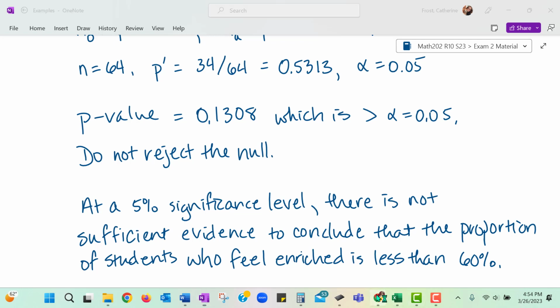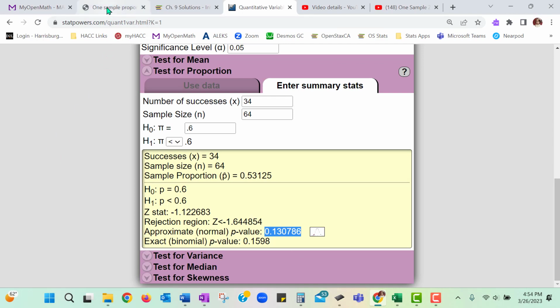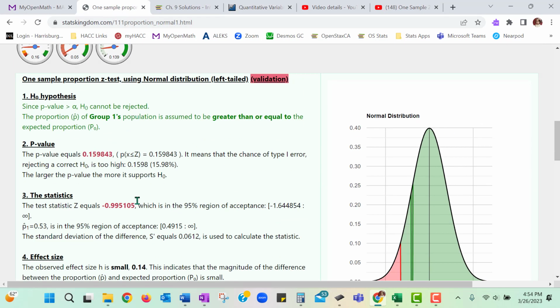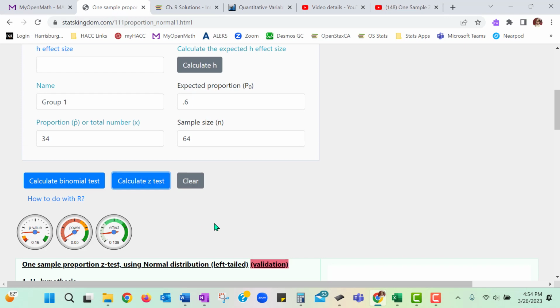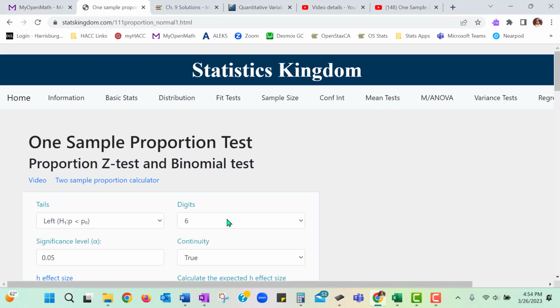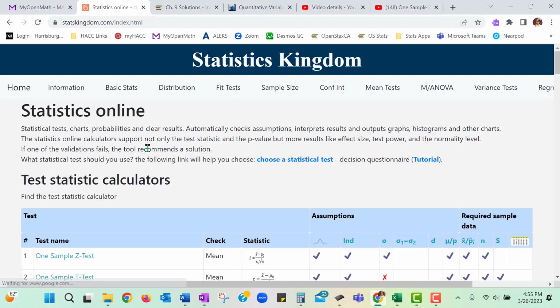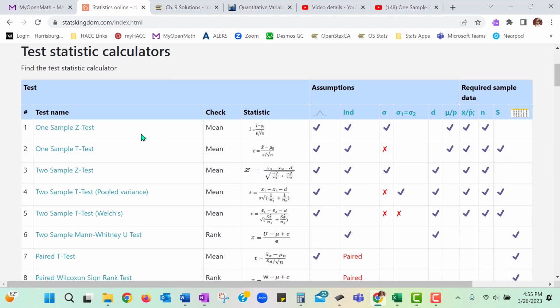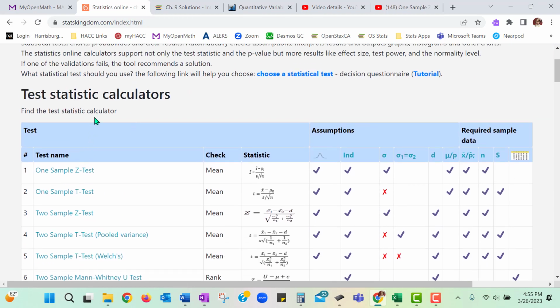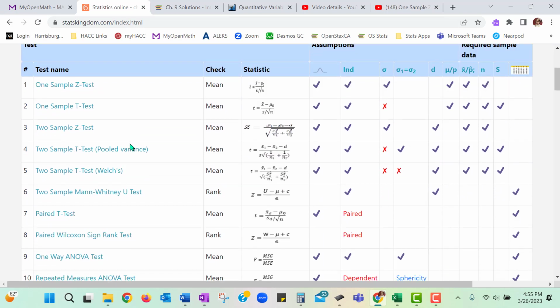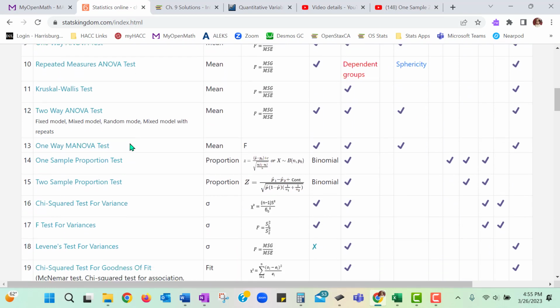So let's look at Statistics Kingdom. If we go to the home page and look at all these test calculators and scroll down, we can eventually find this one sample proportion test, number 14.